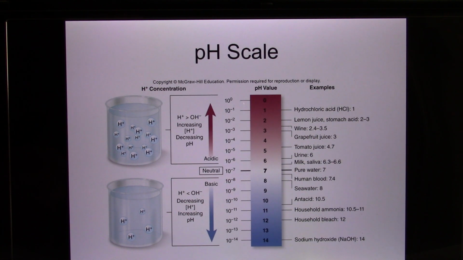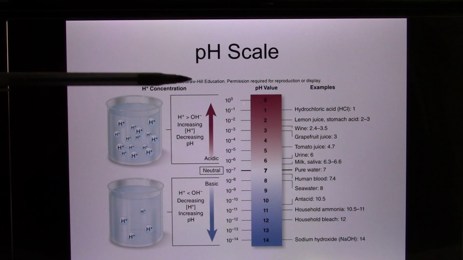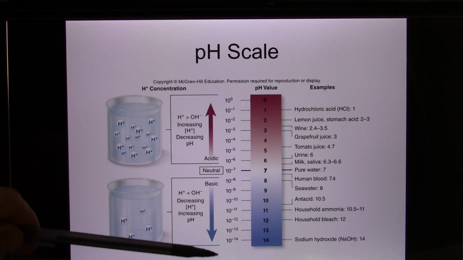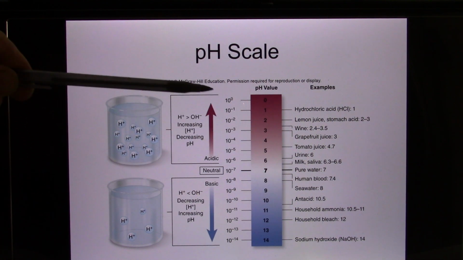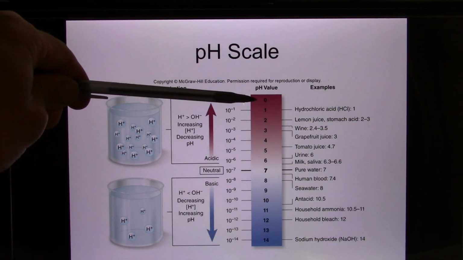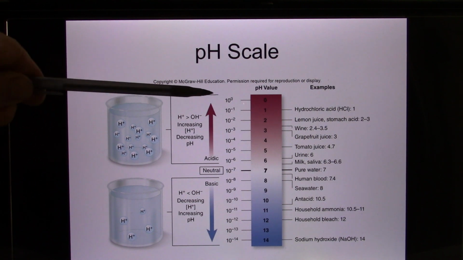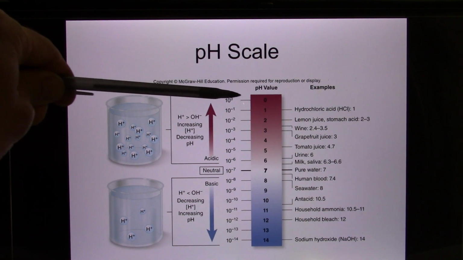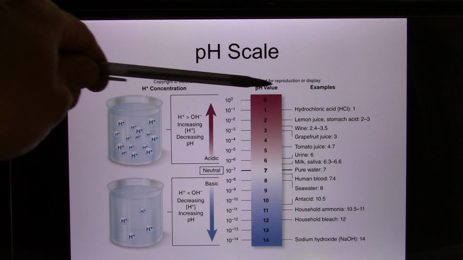And that's the pH scale. It gives you a number that tells you how acidic the solution is. It goes from 0 to 14, and it's a log scale. If the number is 0, it means 10 to the power of 0, so the pH is 0. This is super acidic.